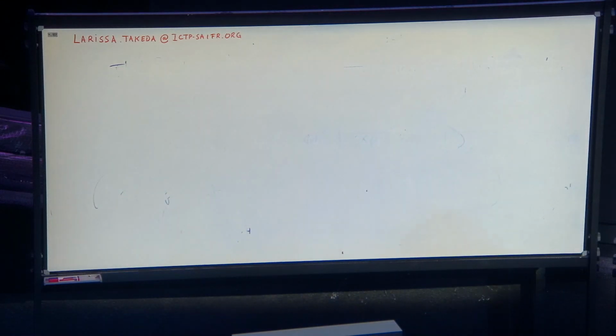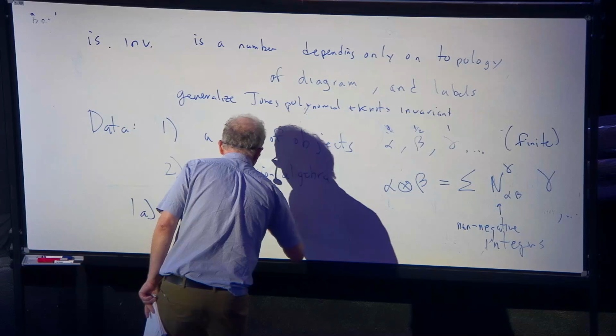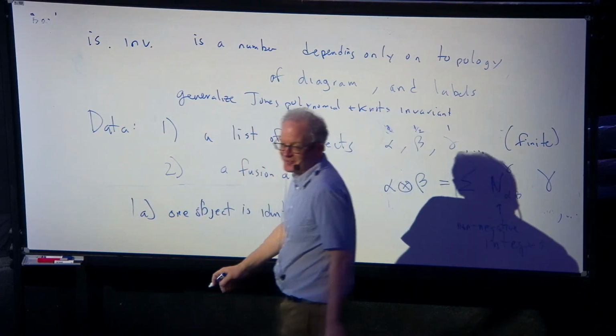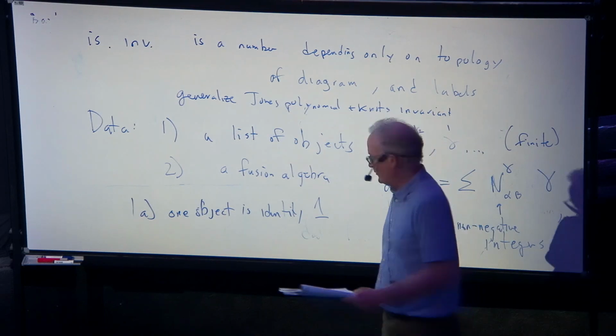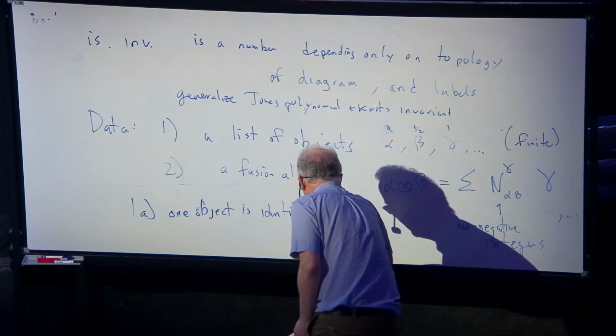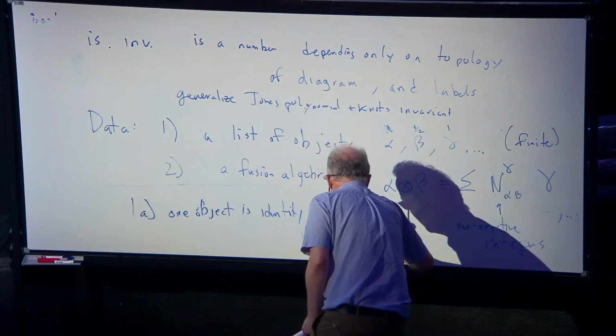Okay, all right, so one other technical thing. One of these objects is the identity, which we will call 1, not 0. Sometimes people call it 0, but I'm calling it 1. And then n alpha 1 beta equals delta alpha beta.